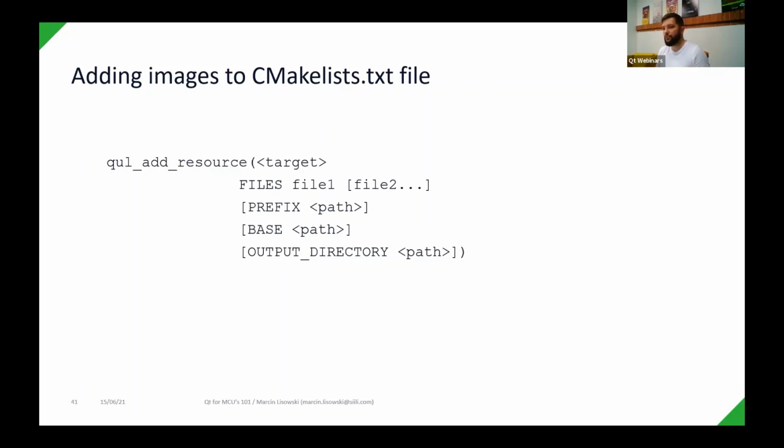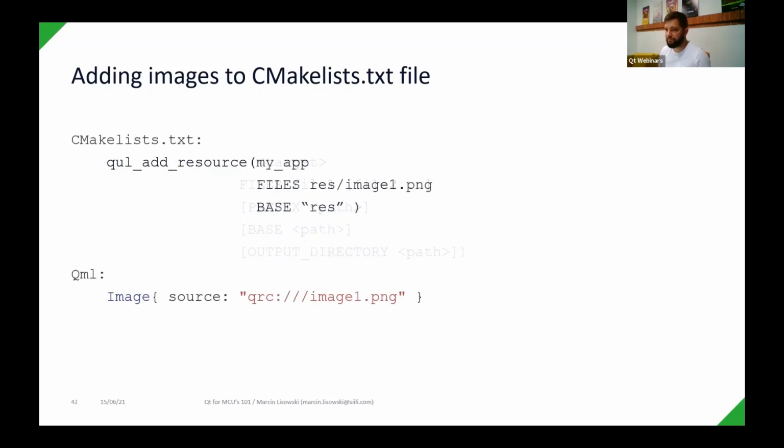And then there are two optional arguments, prefix and base. Those are to manipulate how you're referencing your files from the QML. And finally, the output directory to redirect your artifacts from the build process to a different place.